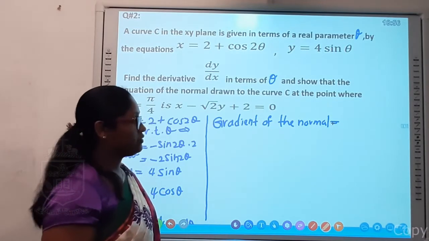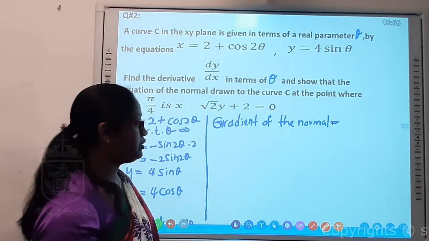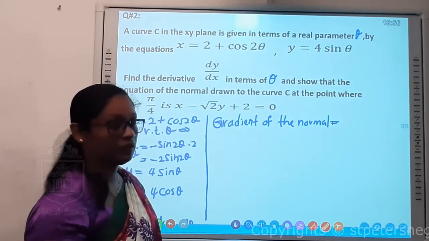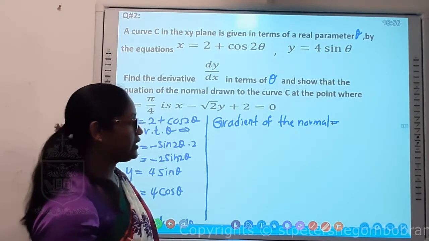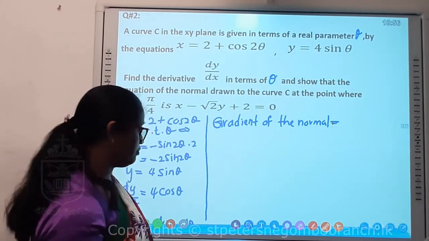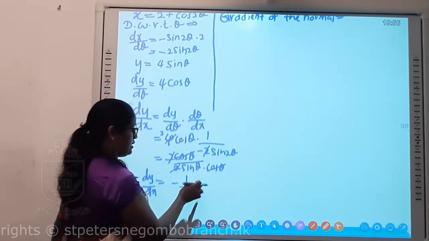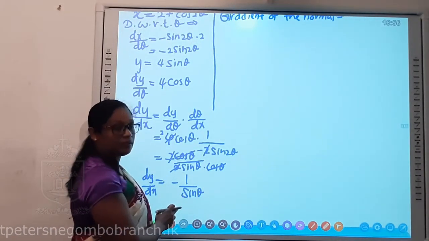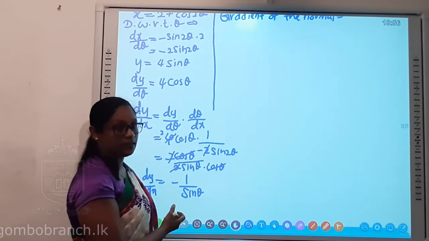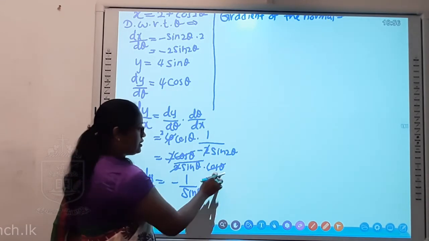In the first part of this session, I explained how to find the gradient of the normal. We take the reciprocal and make the sign opposite. This is the gradient of the tangent, so the gradient of the normal we can write as just sin theta, right?